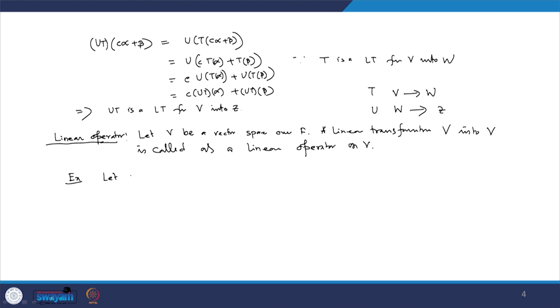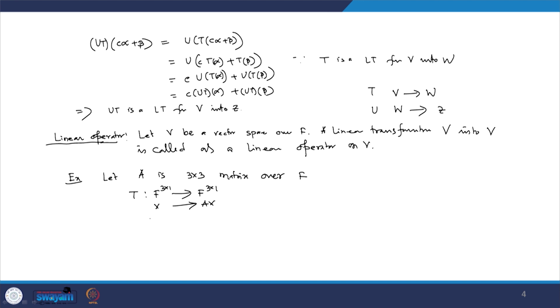Okay. So, examples we can see, like linear transformation. Let A be a 3 cross 3 matrix over the field capital F. I mean to say the entries of A are from field capital F. Now let me consider T as a function from F 3 cross 1 to F 3 cross 1 defined by, for any element x belonging to F 3 cross 1 column vector, x goes to A x of 3 cross 1 order.